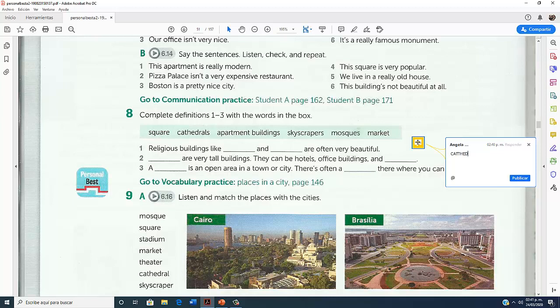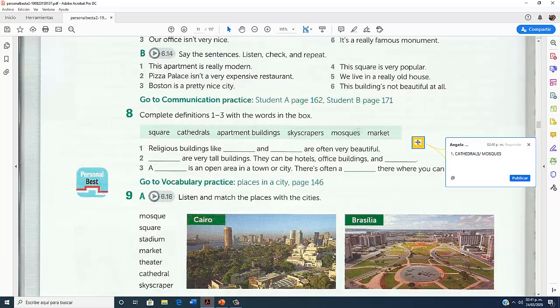Religious buildings like cathedrals and mosques. Las mezquitas, that's mosques. Yeah, mezquitas.